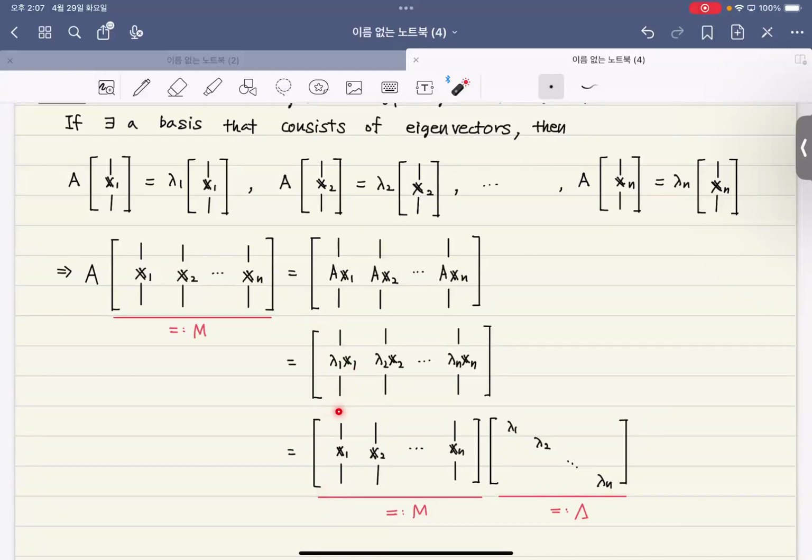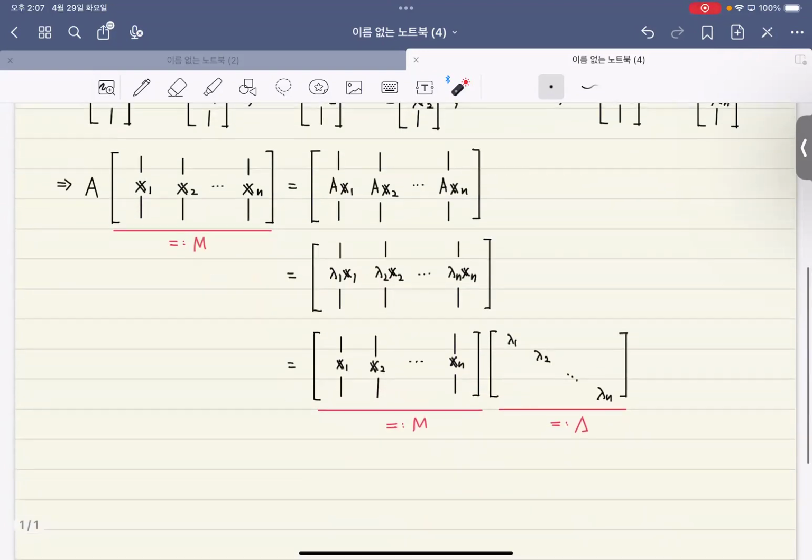So the first column must be x1 times lambda 1, and the second column has to be x2 times lambda 2. Now I realize that this matrix is precisely the same as the earlier one. So we have A times M is M times lambda.